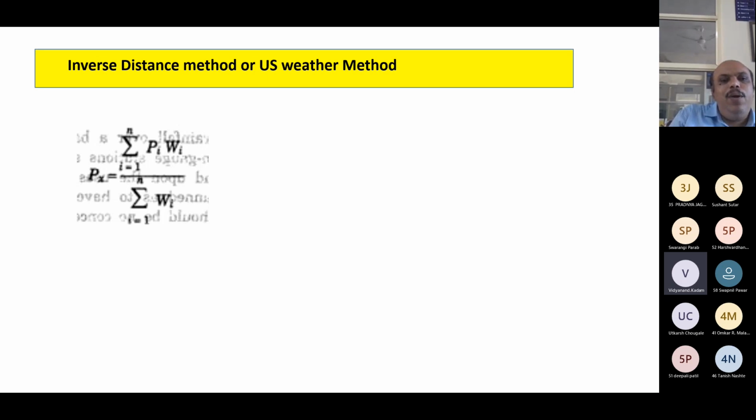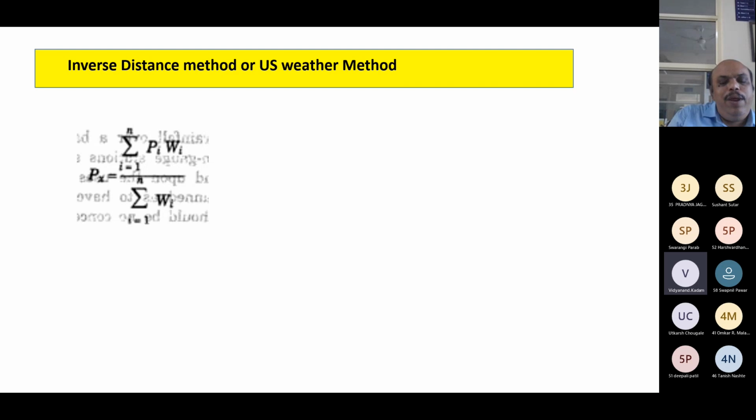And there is a term Wi. Wi is what? It is a weightage. Every rainfall value at a rain gauge station is weighted, and that weightage is calculated as Wi. And that's why formula is summation of Pi into Wi upon summation of Wi.